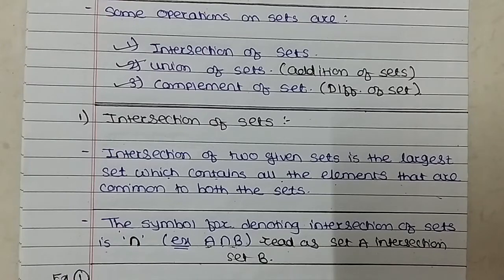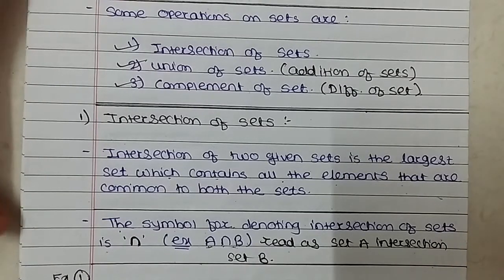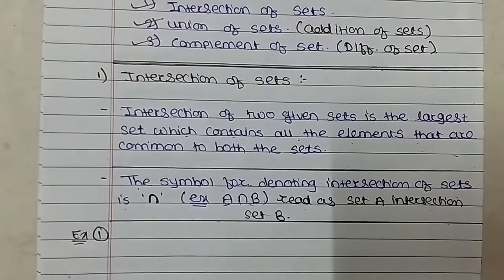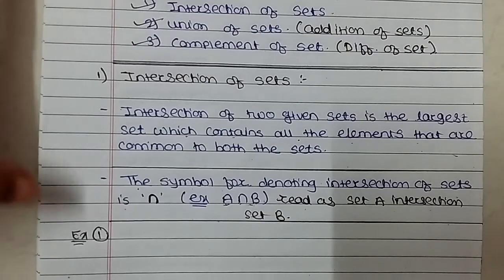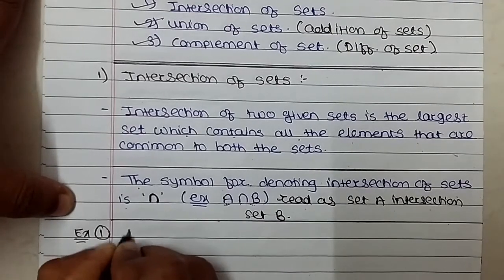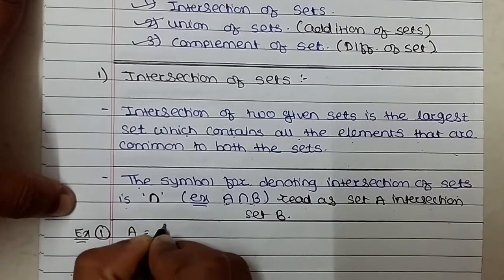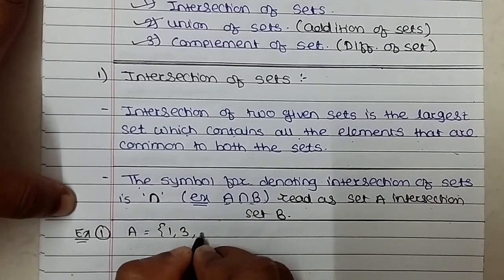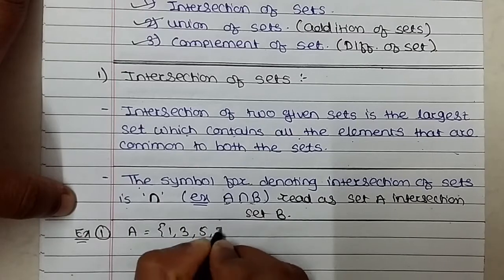We will understand this with the help of one example. First example: suppose set A is equal to {1, 3, 5, 7}.